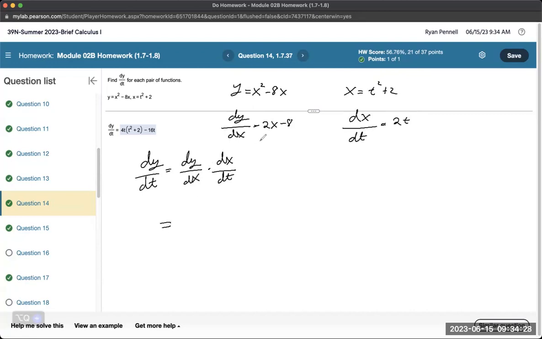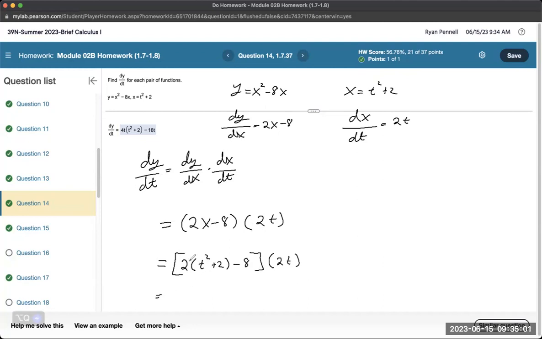dy/dx I found to be 2x minus 8. We're going to need to sub in t in a moment. Times 2t. Now we just want t's. So this is 2 times t squared plus 2, minus 8, times 2t. Getting close.